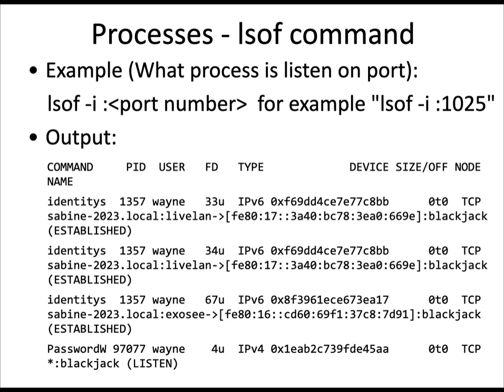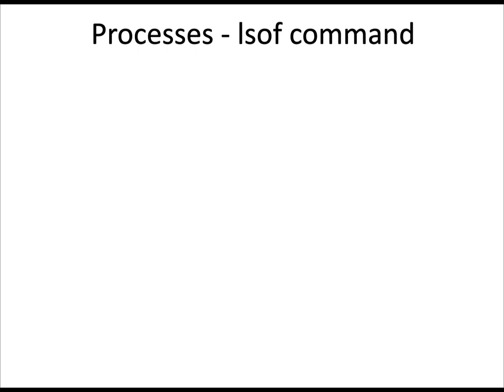If I added the -n option, instead of putting blackjack, it would put the 1025. And it tells what connections that process has to the internet. That's what the -i is for. And it could be IP:port. If you just say :port, then it looks for any process that is connected on that port.